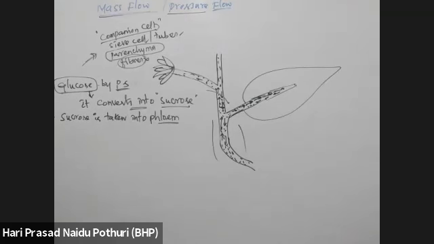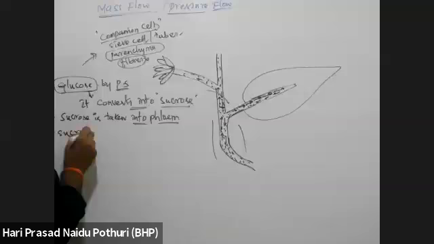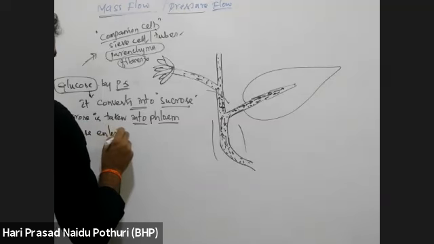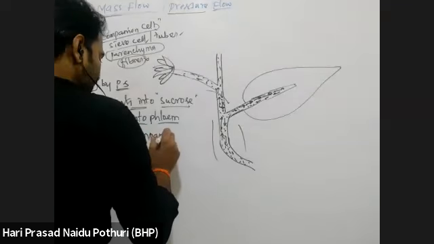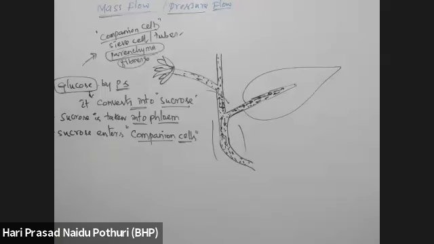Okay. The sucrose which is converted is taken into the phloem. Sucrose enters first into companion cells. Companion cells are associated with phloem parenchyma also, where food is present.